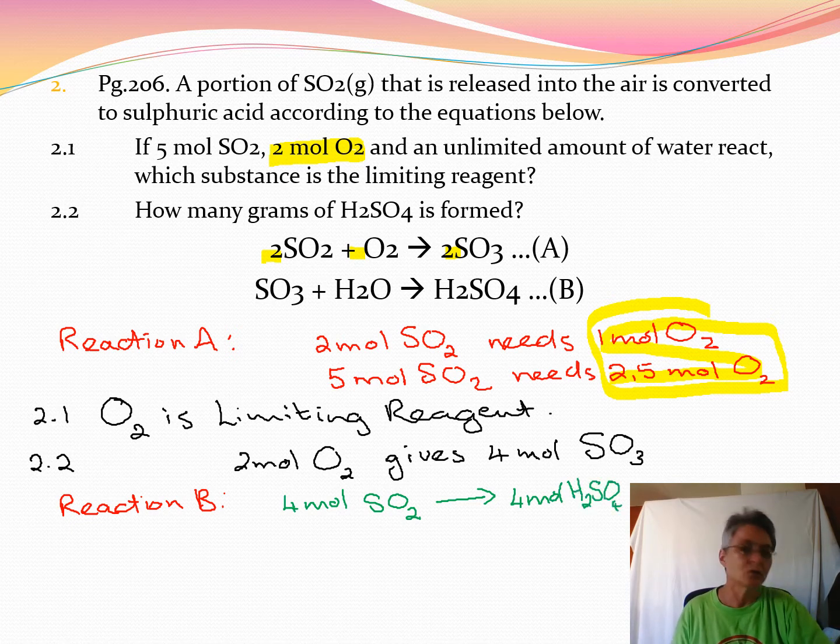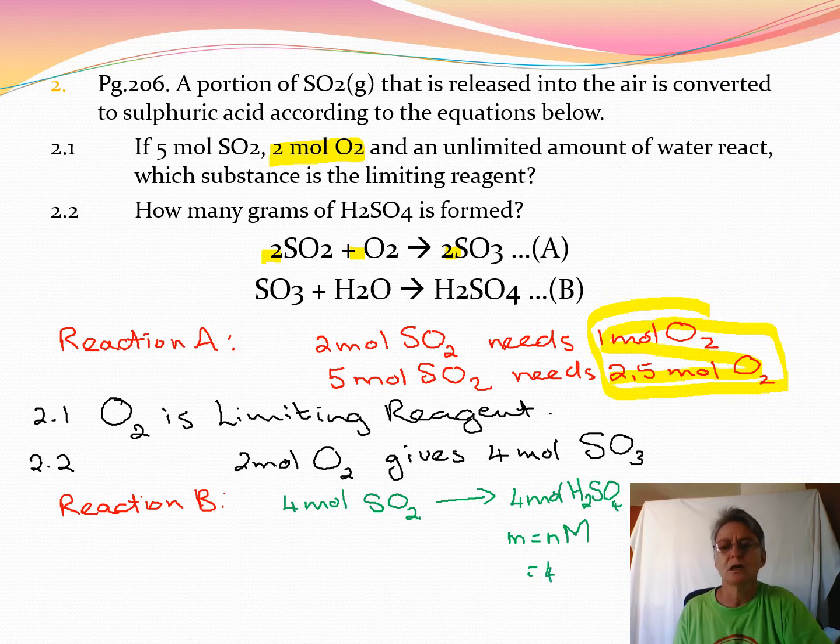And the question asked for the mass of sulfuric acid. So it's the moles times the molar mass. If I'm not mistaken, the molar mass of sulfuric acid is 98 grams per mole.